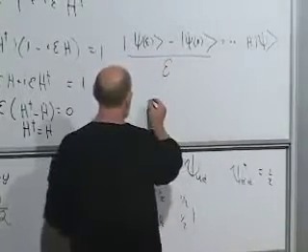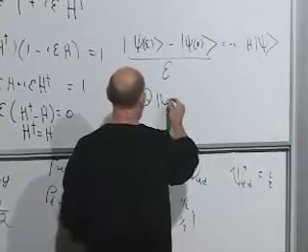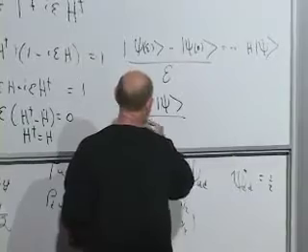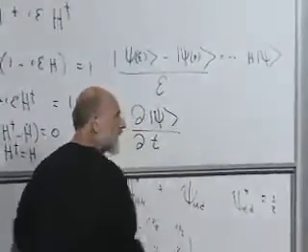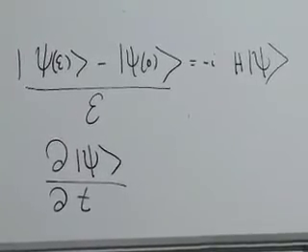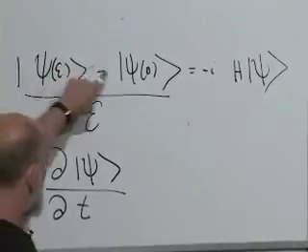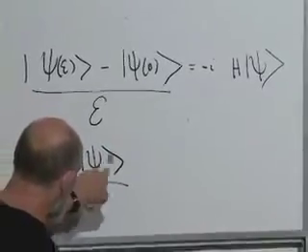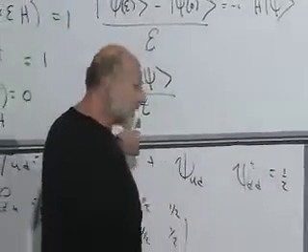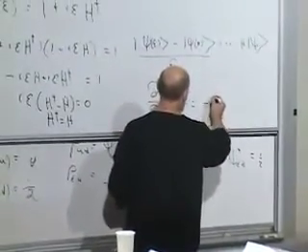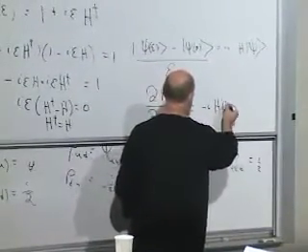This is the derivative of psi with respect to epsilon, or with respect to t. Epsilon is just a small interval of time. So the change in psi divided by a small interval of time, that's the derivative of the state vector with respect to time, is equal to minus I H on psi.